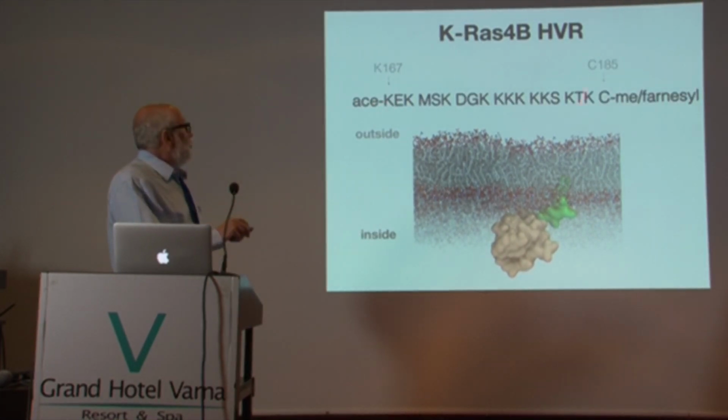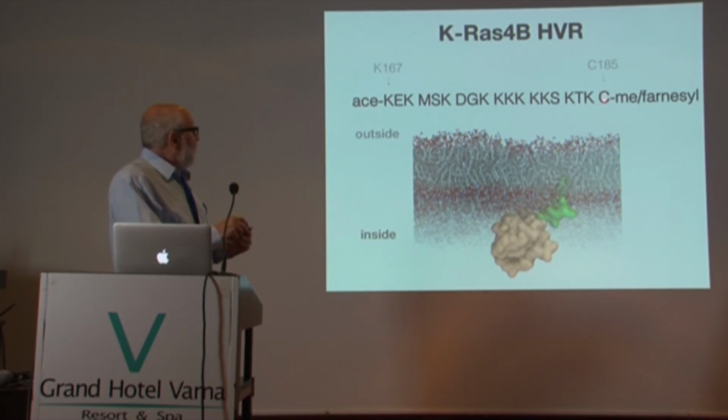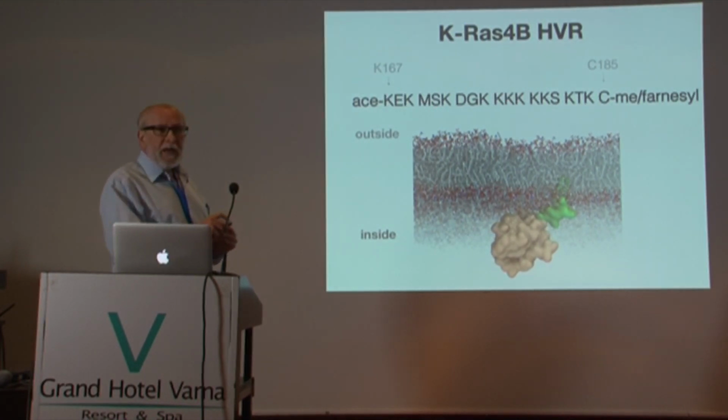Here I show you a peptide of 19 amino acids. Out of the 19 amino acids, there are 11 lysines. The peptide is farnesylated, so there is a lipid chain attached to the peptide, and that gets inserted into the lipid bilayer.